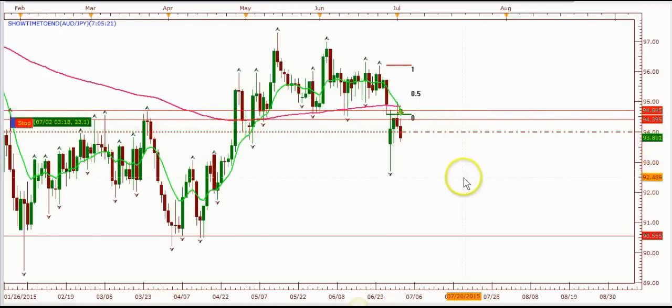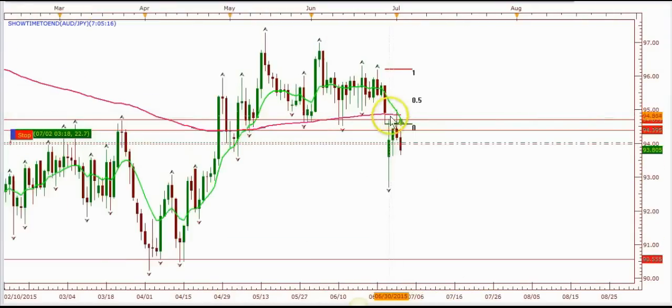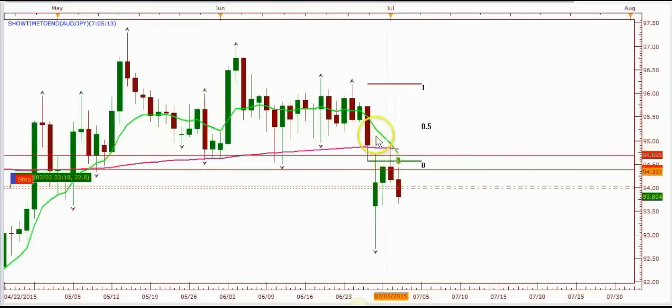Well, you could see we're in that zone. We're between 94.695 and 94.395. Well, price bounced at that zone. You could see this long rejection here. This is a rejection of this level here. So this let me know that at this level there was either selling pressure, or this is where the bears jumped into the market, okay?